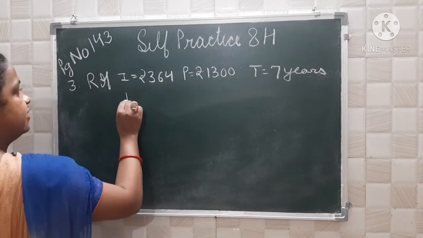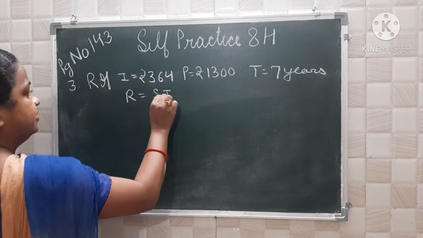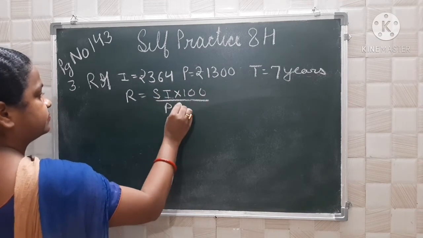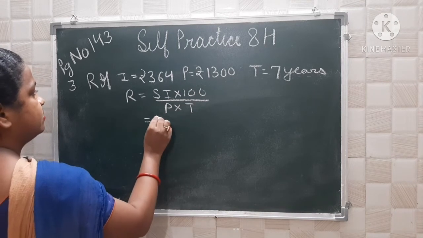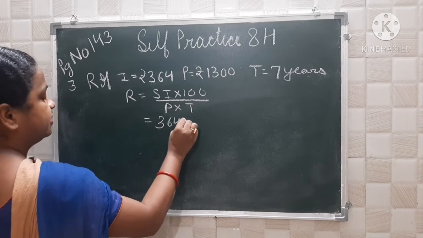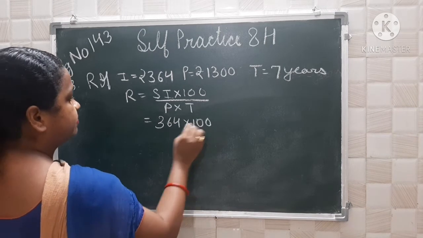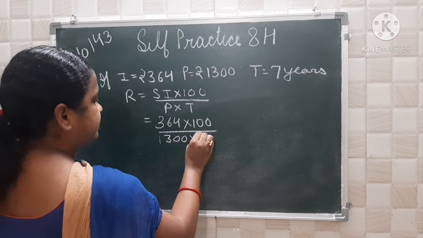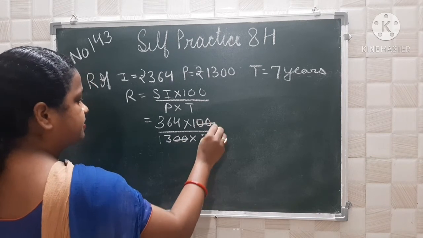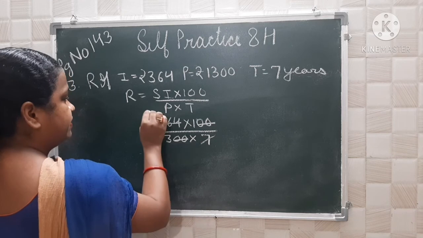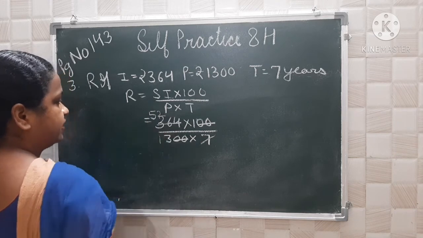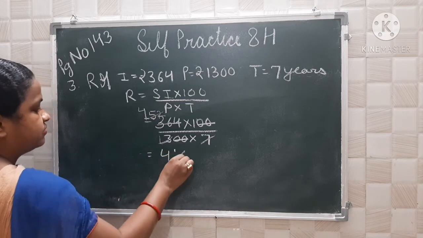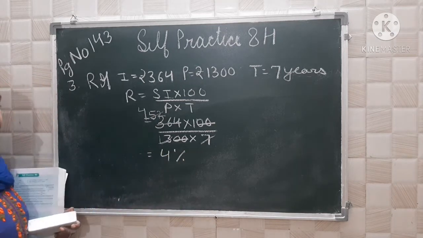So here R is equal to SI into 100 upon P into T. So SI is 364 into 100 upon P, which is 1300 into 7. Zeros cancel out. 7 5s are 35, 7 2s are 14, 13 4s are 52. What is the rate here? 4%.